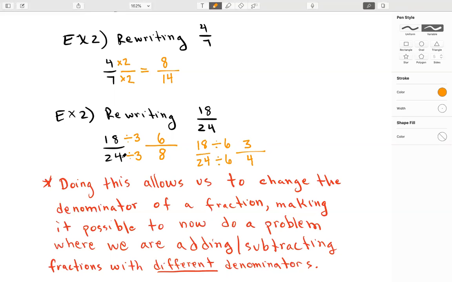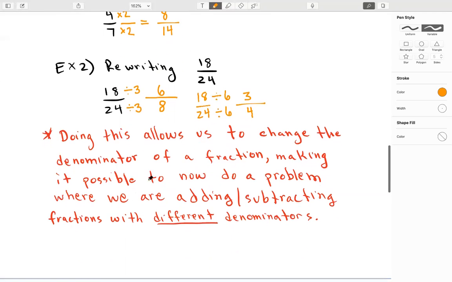But really, all we did was we took a pie that had 24 slices in it total, and 18 slices out of 24 slices, and then made it a pie with 6 slices out of 8 slices. Or we could have made it a pie with 3 slices out of 4 slices total. But that's the idea. We're changing the denominator.